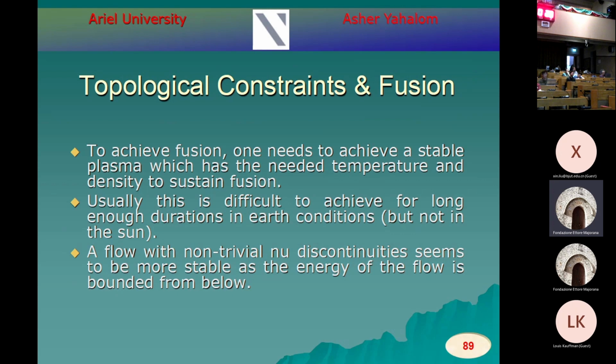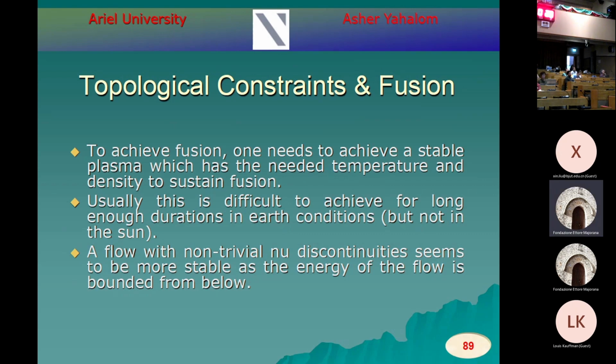So we know that to achieve fusion, one needs to achieve a stable plasma, which has the needed temperature and density to sustain fusion for enough time. And we know that this is difficult to achieve in Earth conditions, not in the sun, of course. In the sun, it happens all the time.